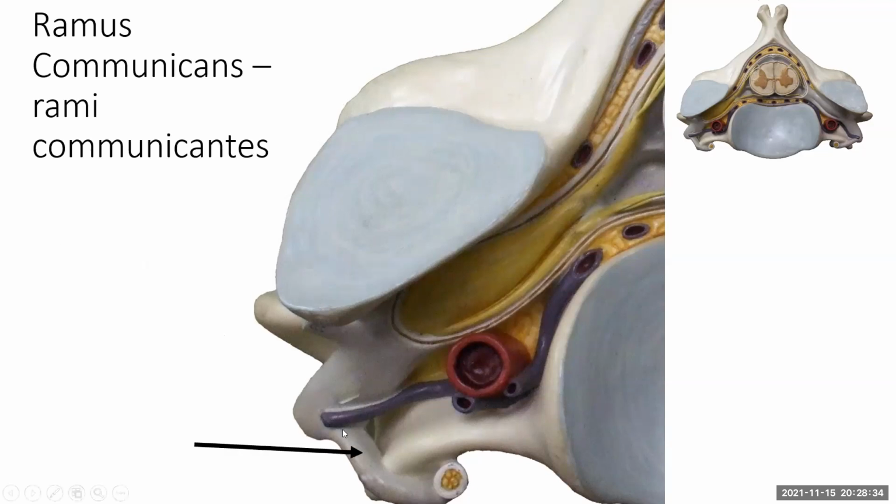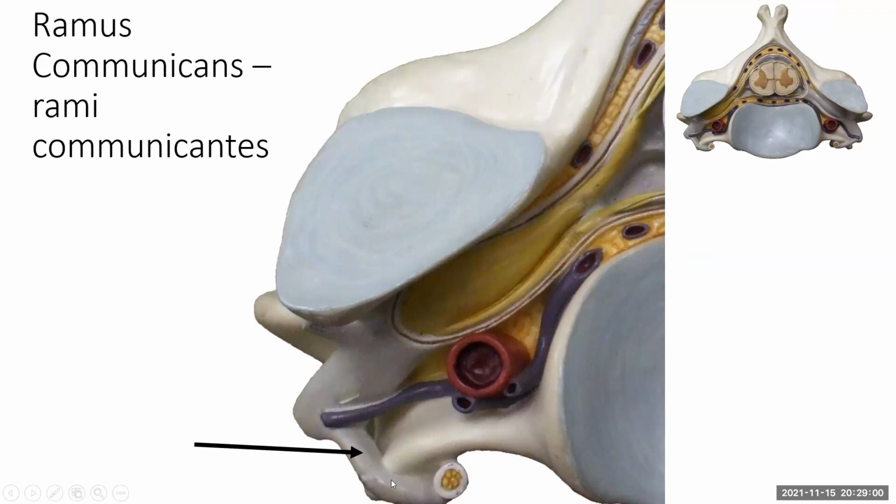This here is showing you one of the rami communicantes. You will not be held to the specifics, whether it's the gray or the white. So you can either call it the ramus communicans or the rami communicantes. And basically, that is how we connect your spinal nerve to your sympathetic trunk.